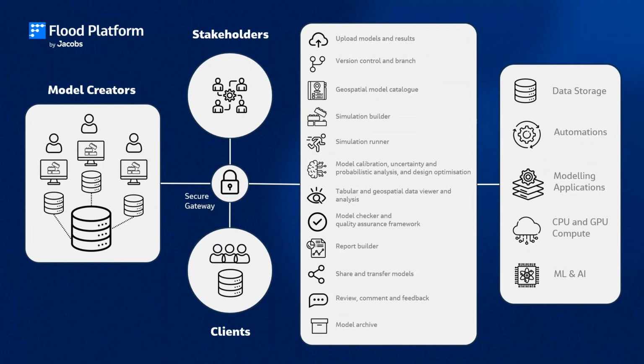As with cloud, unlimited GPU and CPU compute where you really need it, and also increasing use of machine learning and AI to draw further information out of your models to automate as much as we can, making you more efficient and giving you more time to focus on the quality of your outcomes and analyzing your results rather than doing the mundane manual elements of flood modeling.